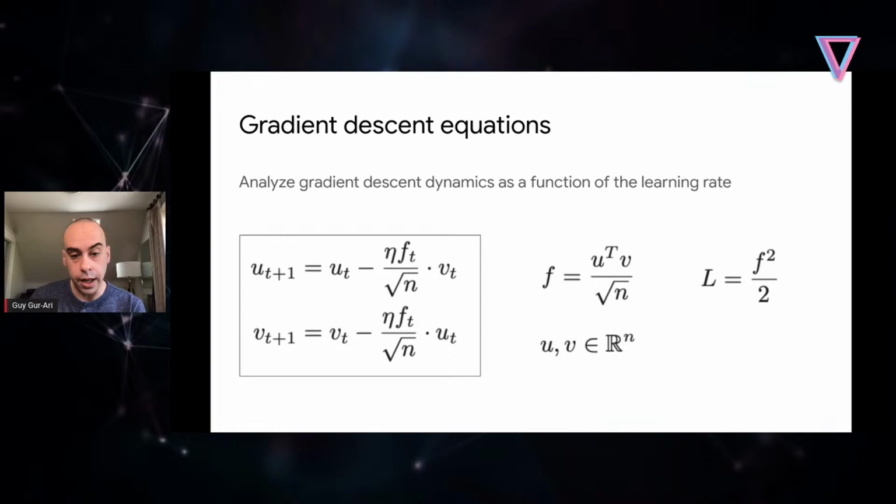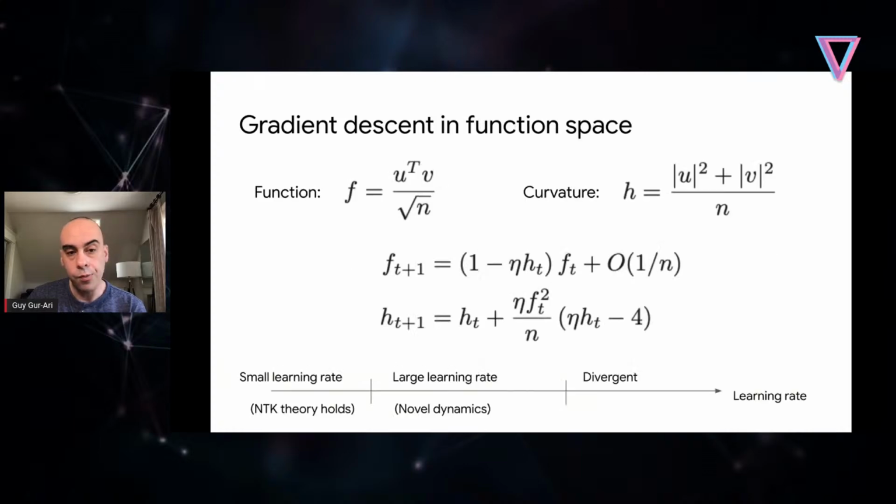And the training dynamics are what we have to study if we want to compare theory and experiment. We want to study these equations as a function of the learning rate. And so we're going to make a simplification, which is we're going to study this problem not in weight space, like we just wrote it down, but instead in function space.